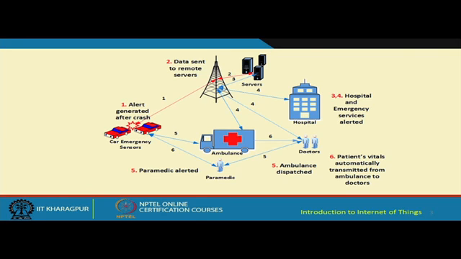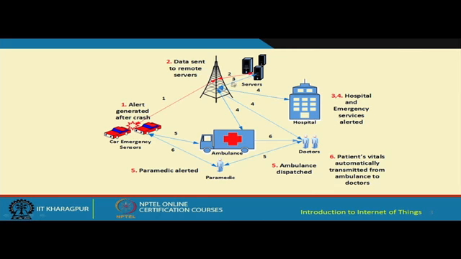Let us consider an example scenario of offering emergency services on the highway. Two cars, fitted with different types of emergency sensors, collide. After the crash an alert is generated, and the data is sent to the remote servers.